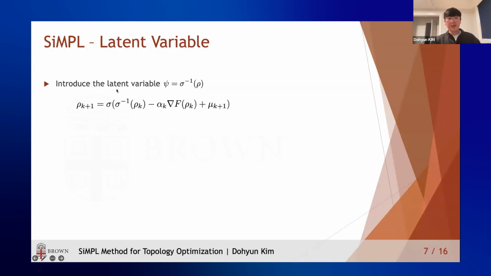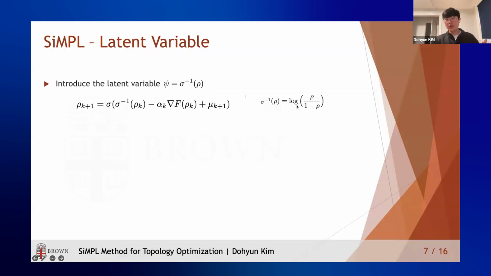We have talked about the latent space, and we call this psi our latent variable. If we take a look at this update rule for the density, we have sigmoid inverse here. This one actually has a logarithmic transformation.